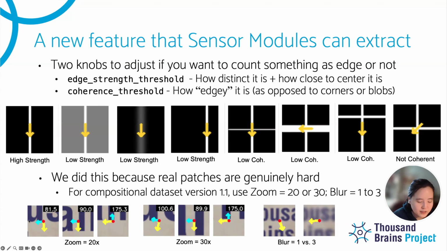It's interesting, like the two on the very right, blur 1 versus 3. I wouldn't even assume there's a dominant orientation to those.